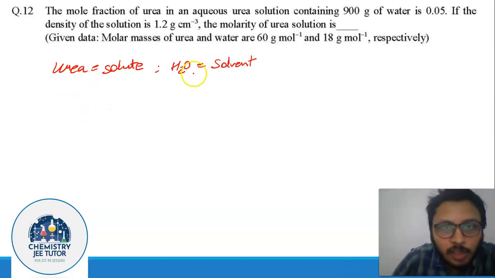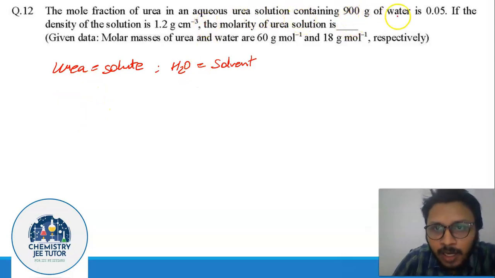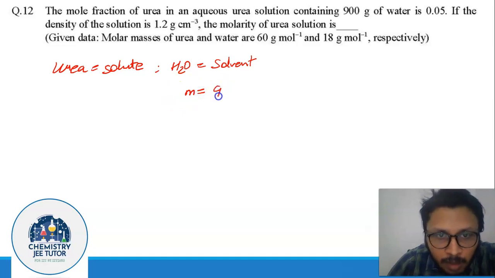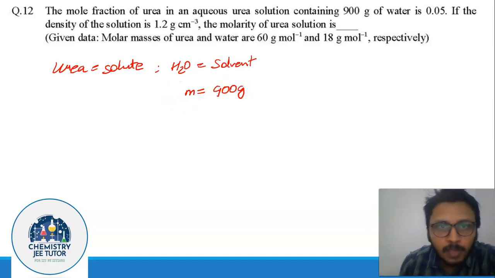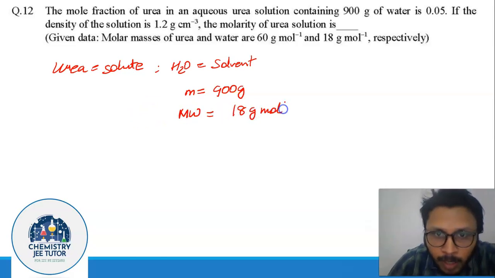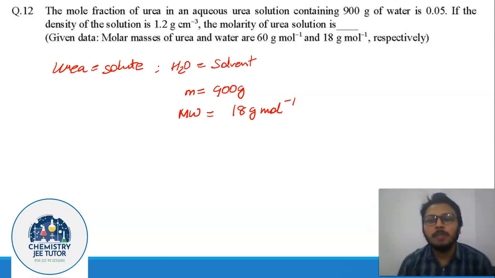So the mole fraction of urea in an aqueous urea solution containing 900 gram of water. The mass of water is given, 900 gram, and we know the molecular weight of water, 18 gram per mole. Again, always write the units because it becomes easier to understand.